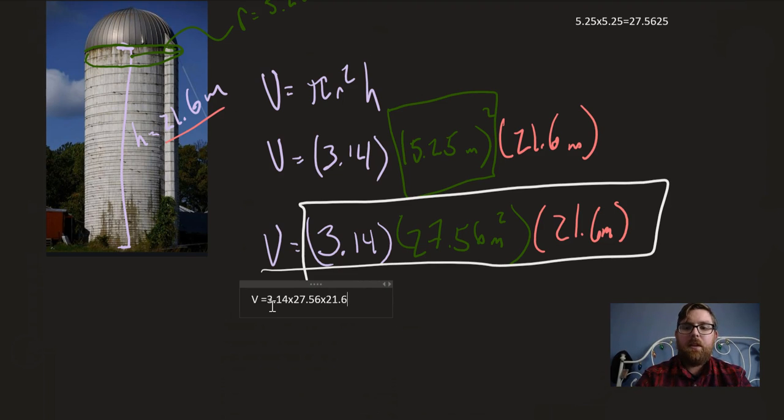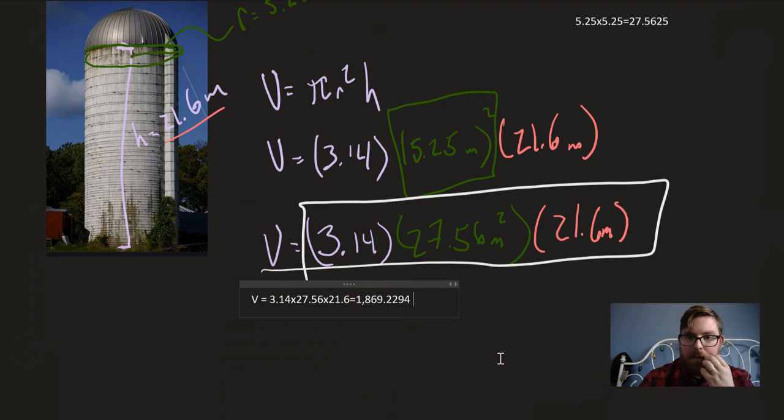I'm not leaving any spaces, then the equal, then I press space. It didn't calculate it. There we go. And so I have 1,869, and I round it to the second decimal place, which I forgot. It should be 0.23. There we go.